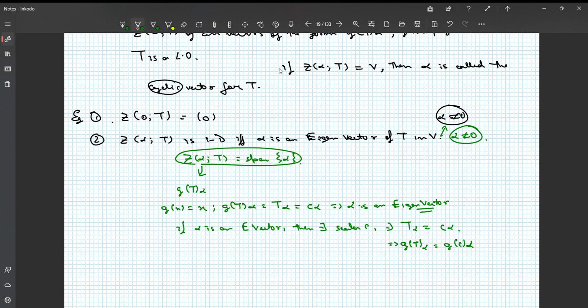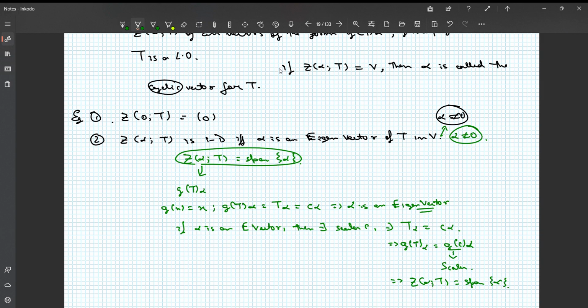These sorts of statements we have covered in the eigenvalue, eigenvector part 1 or part 2, one of them I guess. But G(C) is again a scalar quantity. Therefore, any element you choose from Z alpha T is some scalar multiple of alpha. In other words, Z alpha T is the span of alpha.